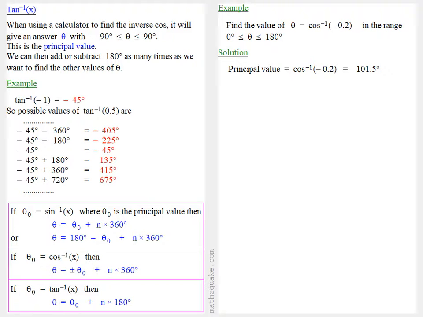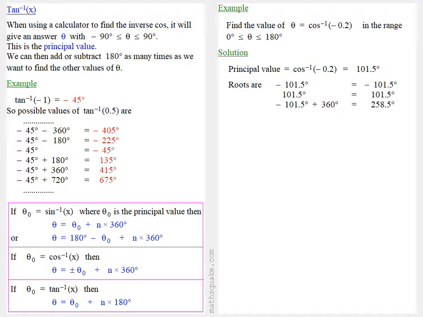So the roots are plus or minus 101.5 degrees plus n times 360 degrees for any integer n. Now, some of these are minus 101.5 degrees, that's too small. 101.5 degrees lies in the range.